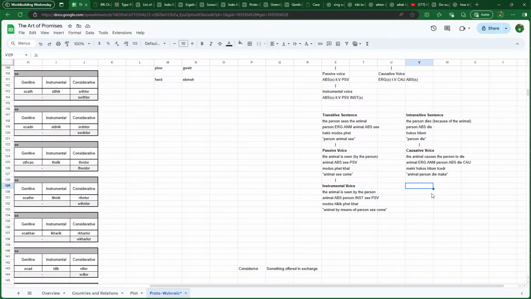Would they? This would be the animal dies because of the person. So this sort of combines the passive and causative together.